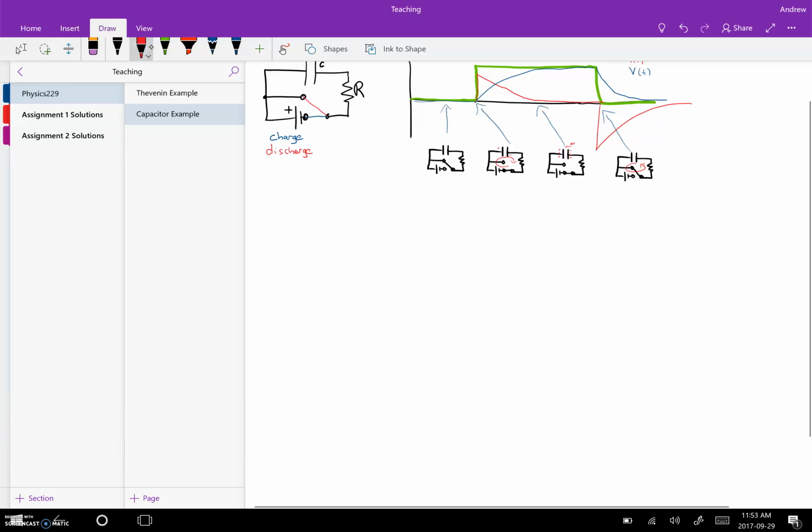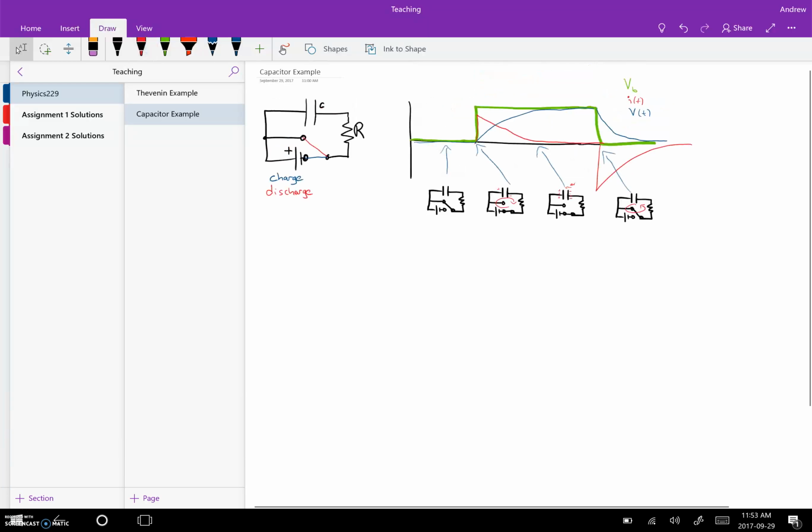Okay, so let's look at these discharge and charge curves more quantitatively. In order to do this, we need to apply Kirchhoff's laws. So we need to look at the current through this whole system, and we can relate all the voltage drops.